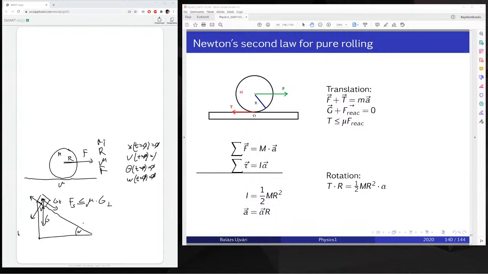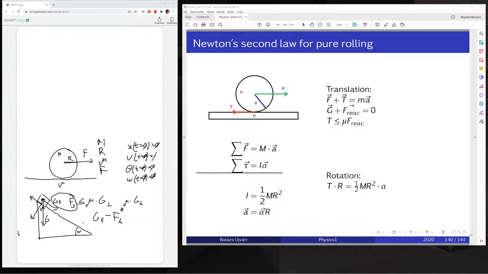If Fs, the static friction, is large enough, the box won't move. If it's not large enough, the box will move, but its net force will be parallel minus friction, and if the static friction is not enough, we can talk about kinetic friction, which is mu times g perpendicular. I hope you still remember how we solved this example.